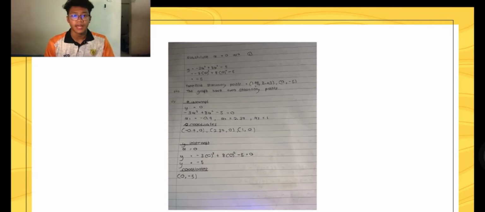By substituting x equal to 0 into the first equation, we will get the answer for y equals -5.